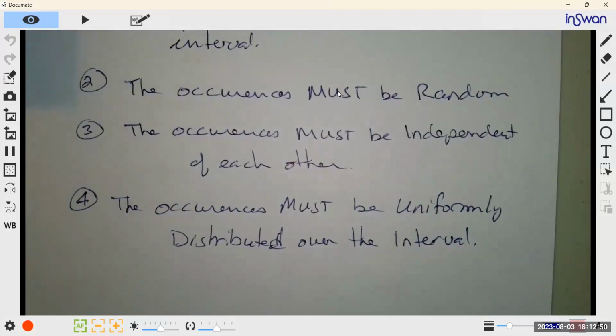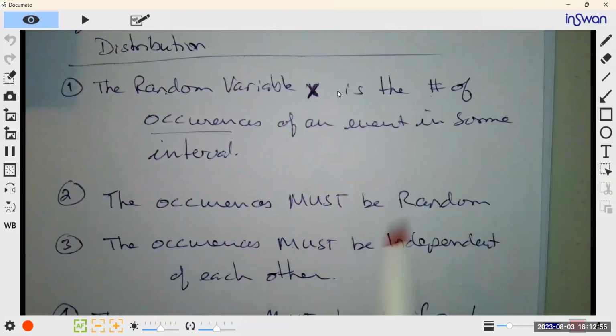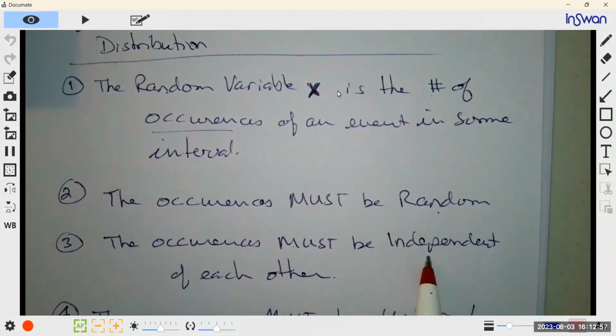So for the Poisson, we're looking at the occurrences. They have to be random. They have to be independent. The occurrences of these events must be uniformly distributed.